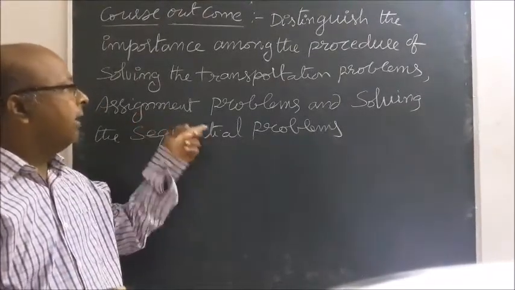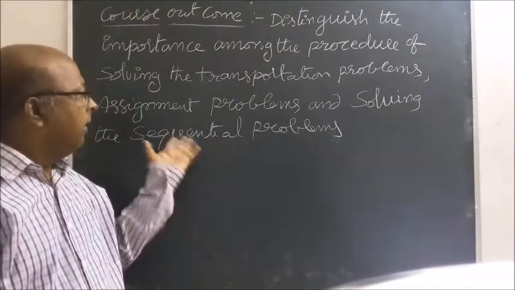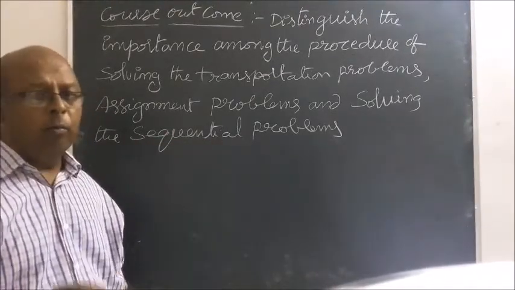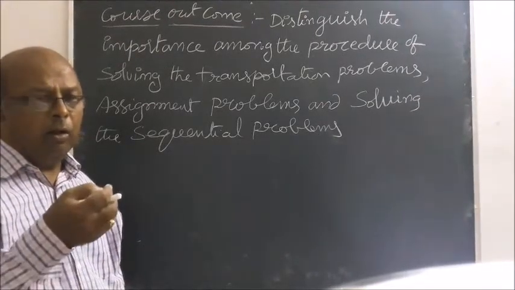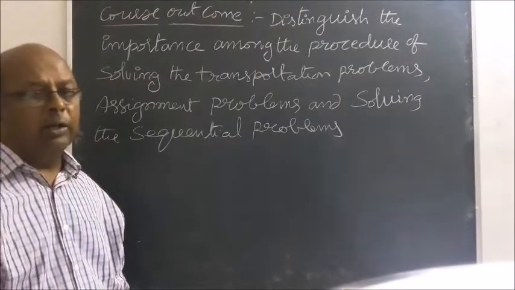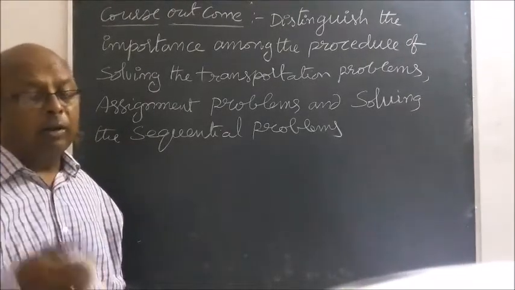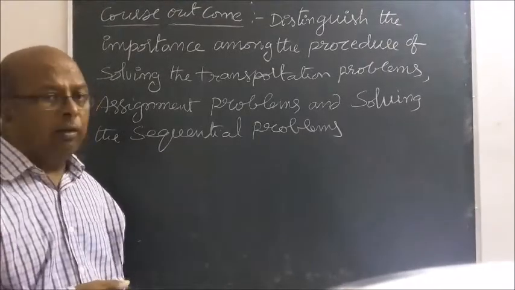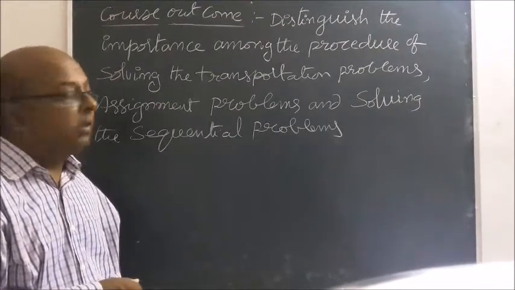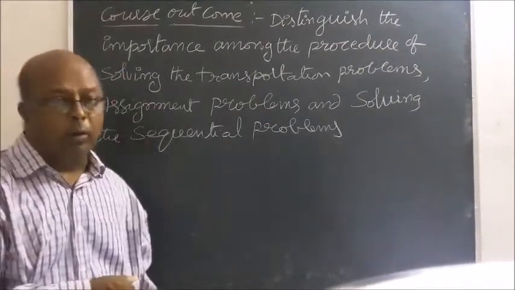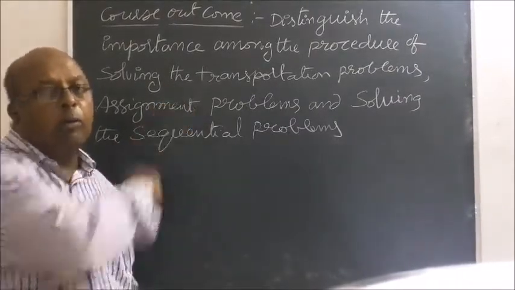But in an assignment problem, origins and destinations are equal. Sequencing problems: two origins, n destinations, n origins, two destinations, traveling salesman problem. These all belong to sequencing problems. Getting the solution of all these problems is our course outcome.